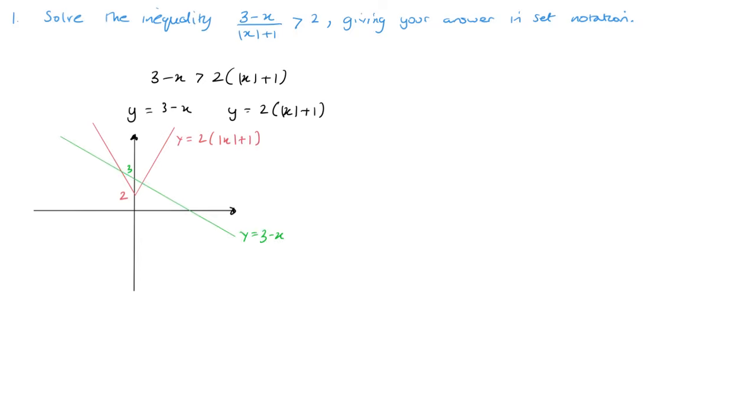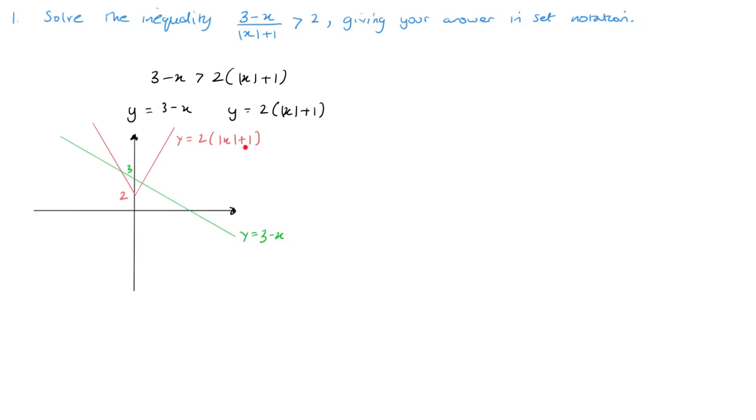So here is a quick sketch of the graphs. So 3 minus x, nice and easy, goes through 3 on the y-axis, actually hits 3 on the x-axis as well. And it's a negative x, negative 1 gradient. This one is the same as the mod x graph, but we've got 2 times that mod x, so it's twice as steep.